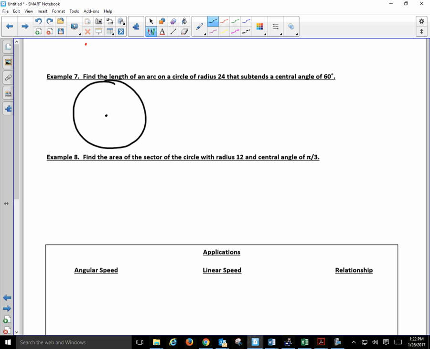I'm going to label the radius 24. There is an arc. It says that the arc subtends. What does that mean? It means it intercepts an angle of 60 degrees. That's my shape. I want to find S, or the arc length.